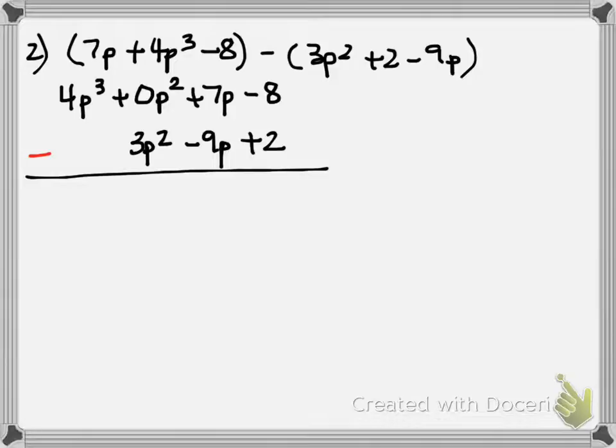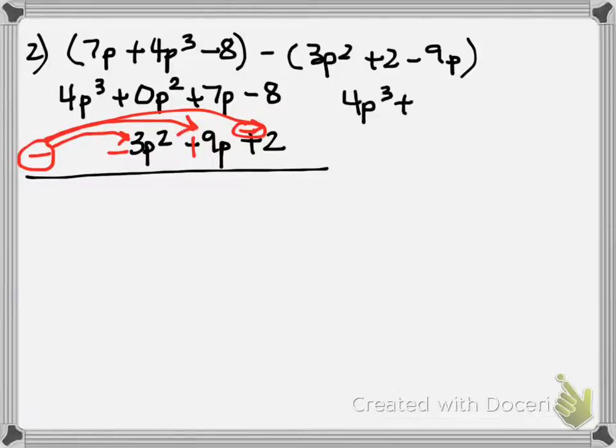Sometimes they'll give you the problem already written like that. We still need to distribute. This has not done its job yet. So we need to make sure that we're distributing the negative to that positive 3p squared, that negative to that negative 9p, and that negative to that positive 2. So we still have to change the signs. The actual problem we're going to be solving is this.